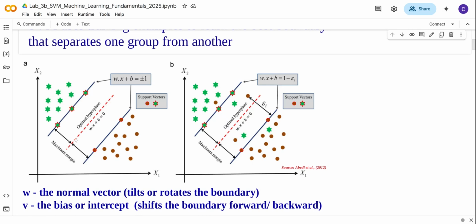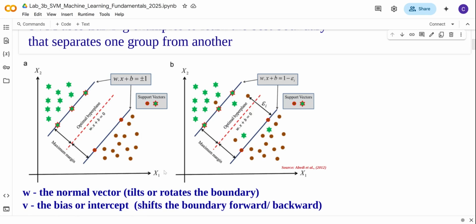The optimal hyperplane, this dashed line, separates these two classes. Here the green represents forest, and the brown represents non-forest. The two solid lines define the maximum margin, which is the widest possible separation between the two classes, as you can see.